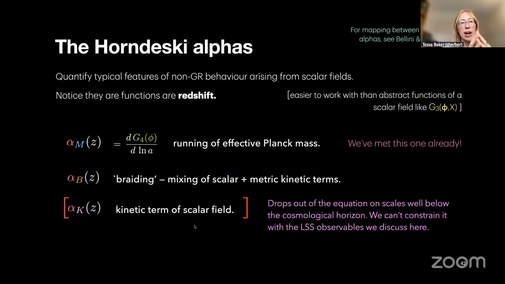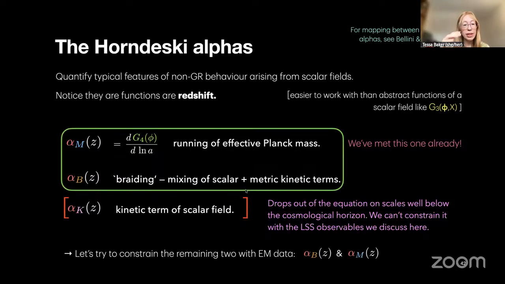It's only if you have something like a radio survey that really probes the very largest scales of the universe that you can probe this. So we're going to leave it out for today. We will not talk about alpha K. Instead, what I want to do is build up a picture of how we constrain these remaining two functions, alpha B and alpha M.